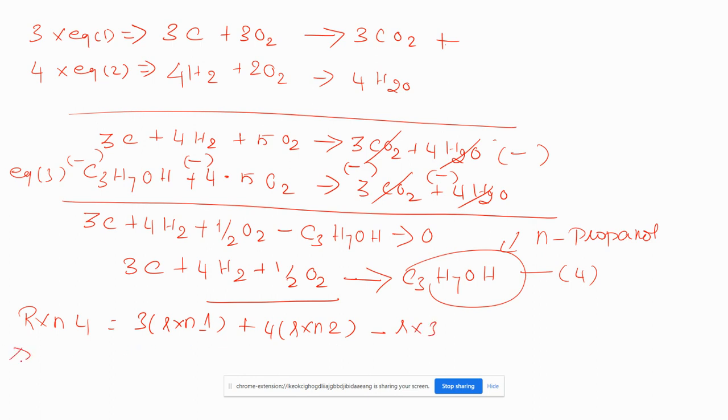Okay, so that means standard heat of formation of N-propanol C3H7OH is equal to 3 into del H1 plus 4 into del H2 minus del Hc. So you have all the values, we have to substitute over here. So 3 into, they have given the del H1 value and all, plus 4 into minus 285.83 minus of standard heat of combustion is also given as minus 2028.19.